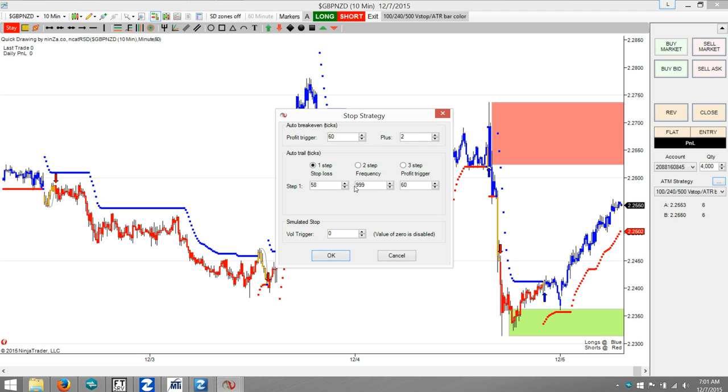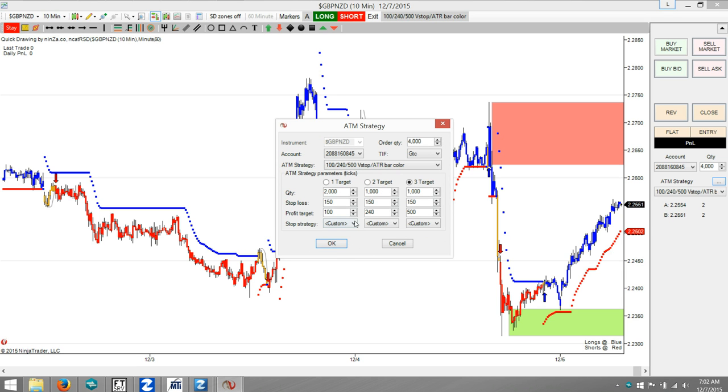And I only want this to do it once. The frequency is 9.99, so I only wanted to do it once, and that's it. So it will not trail, but it will keep the profit locked in till it gets to 100 pips and then closes out.